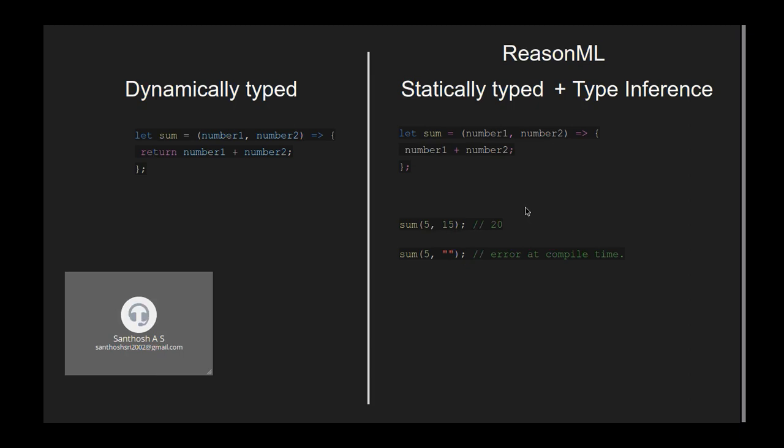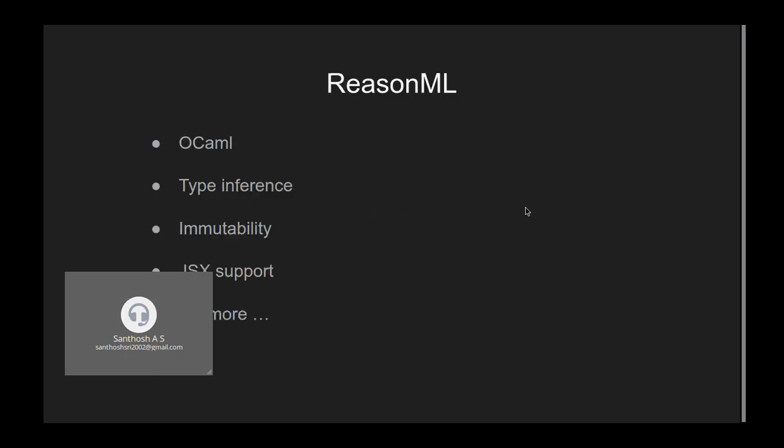Yeah, that is what ReasonML is. ReasonML is statically typed with type inference and a lot more. ReasonML is a toolchain for OCaml. Generally, OCaml is a functional language with type safety, but the syntax is hard to write in OCaml.